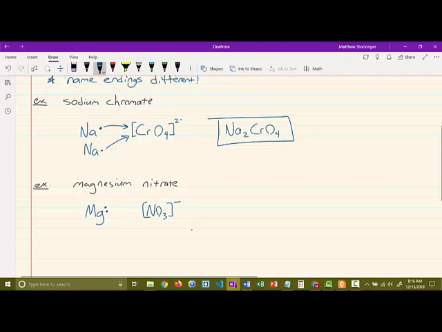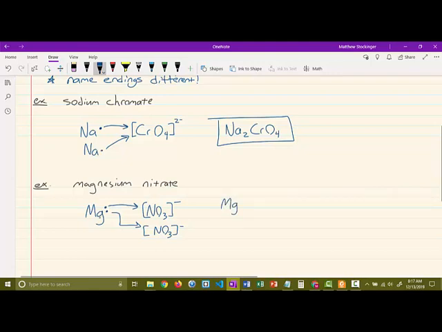That means it wants to accept 1 electron because that's a -1 charge. So I can draw 1 arrow to that ion, and to get rid of this other one, I get to draw another nitrate. So this looks a little different, but it's really the same game that we've been playing all along with ionic compounds.